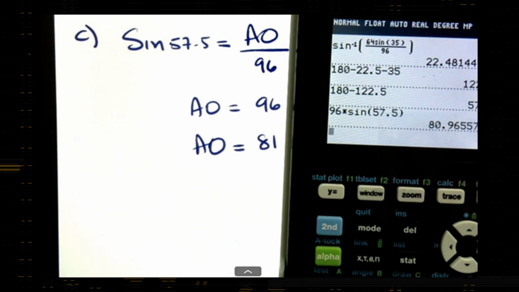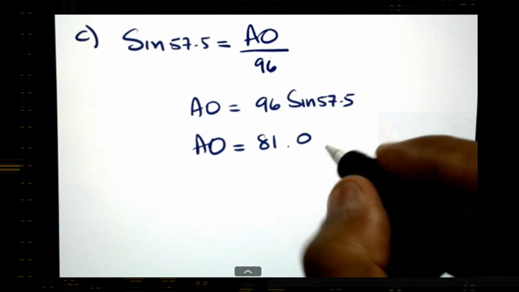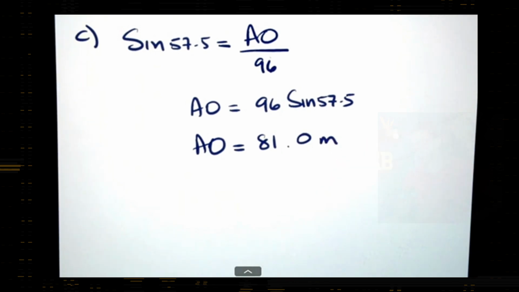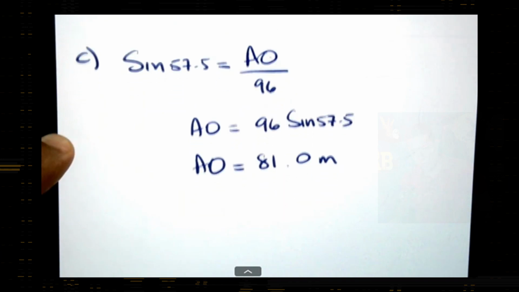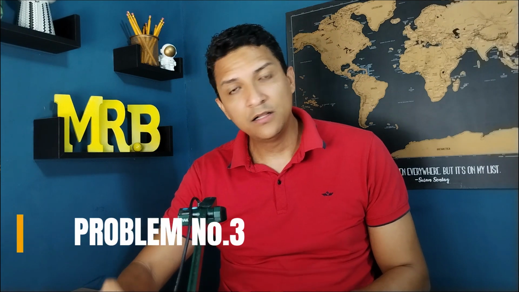So in other words, it's not going to be 80.9, but 81.0, and that is meters. So that's the answer of the third question. Notice that here we are using the concept of angle of elevation, not angle of depression. Okay, let's go to the final problem that we're going to solve today.